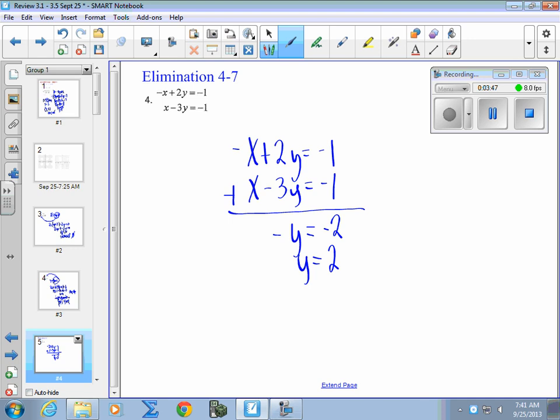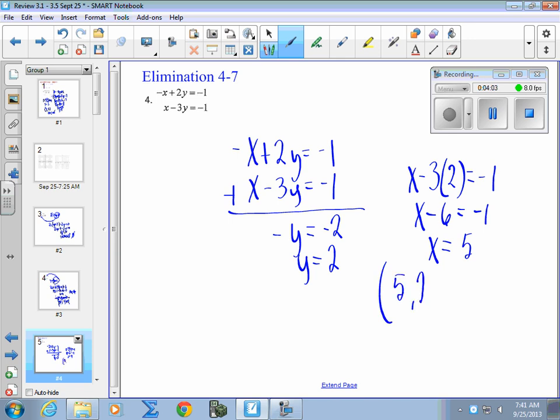To find x, I would probably put 2 back into the second equation and get x minus 6 is equal to negative 1, so x is equal to 5. So I have 5 and 2 as the solution. It is consistent and independent. Everybody okay with that one?